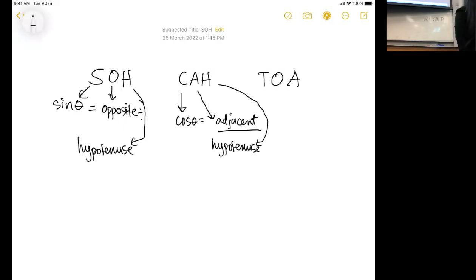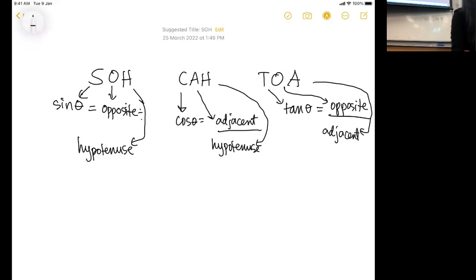And TOA: T stands for tangent theta, which is equal to the opposite side divided by the adjacent side. So that's the mnemonic we're using to remember the basic trigonometric equations. Sine theta is equal to opposite side over hypotenuse.